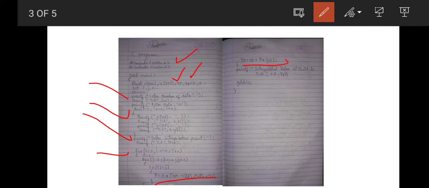And you will calculate the value of yp by yp = yp + p * yi, where p is calculated from here, and you will print the interpolated values of xp and yp. This is all about the program for Lagrange's interpolation method.